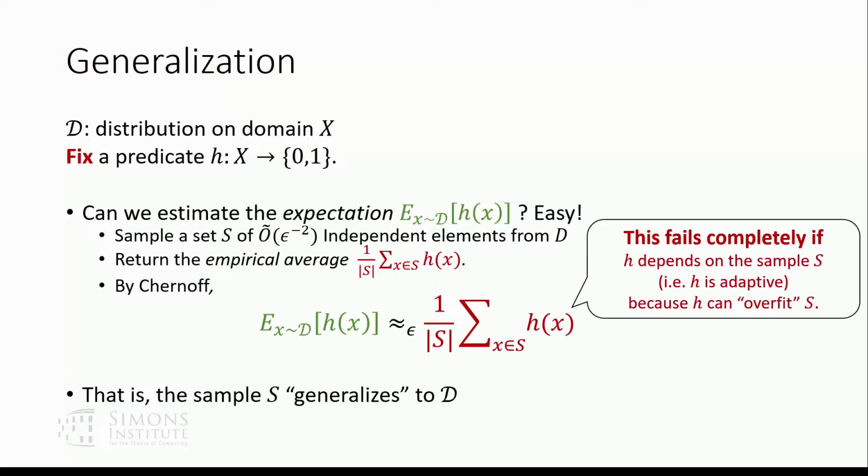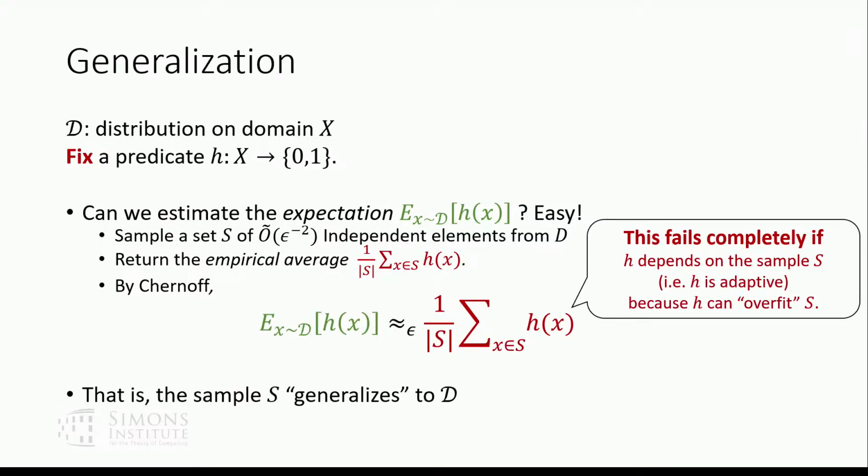However, this clearly completely fails if you can choose H depending on the sample set, if H is adaptive, because H can totally overfit the sample set. For example, you can choose some H such that everything in your sample gives 1.